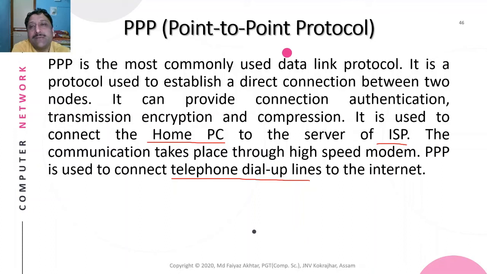So PPP is used to connect with the internet through a dial-up connection using an ISP. This is the way, and it provides a direct connection between two nodes. Now, if we connect to the internet using the PPP protocol through a telephone line, then the whole time, the telephone cannot be used for other purposes.